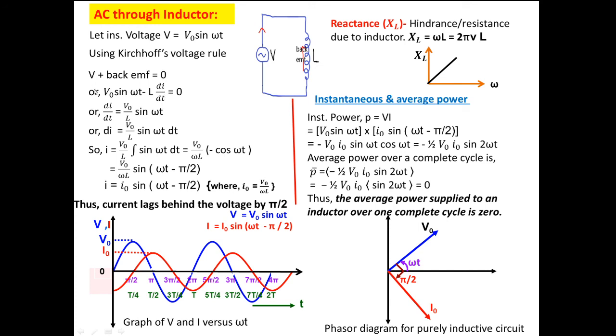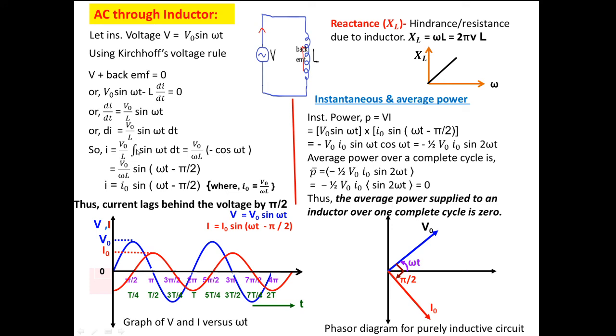So by using Kirchhoff's rule, we can say V naught sin omega t minus L di by dt equal to 0. Or from this equation, di by dt equal to V naught by L sin omega t, or di equal to V naught by L sin omega t dt.